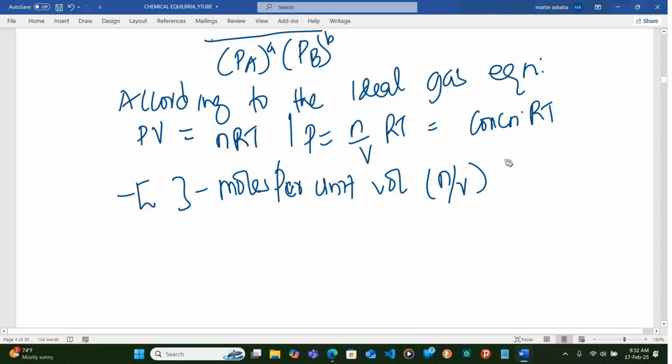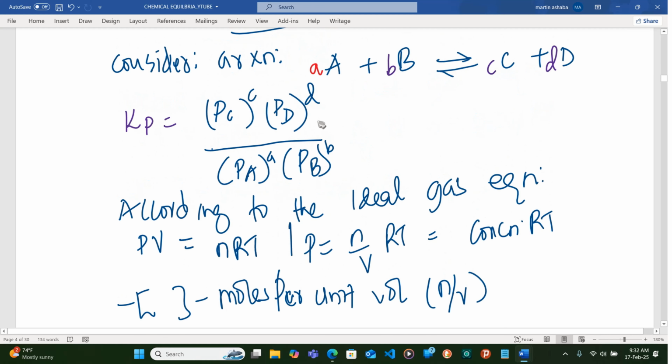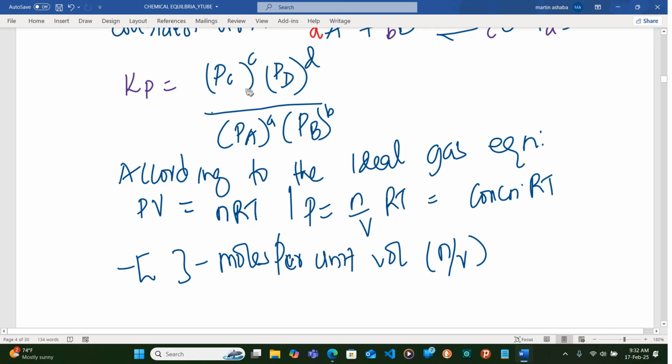So meaning, if I have this equation, I can now substitute for each component, like C, D, A, B, by its partial pressure based on this simplification.